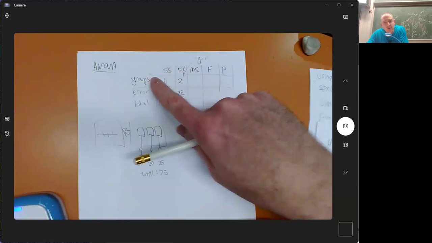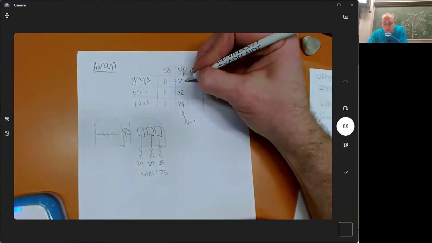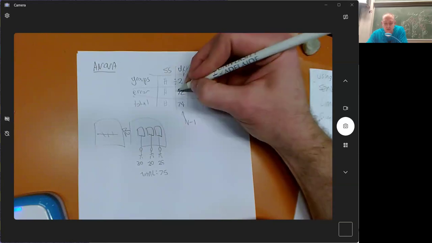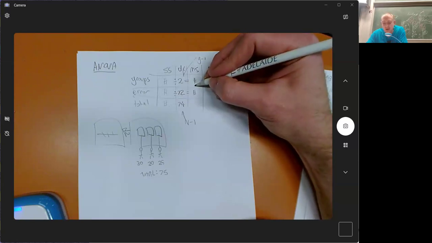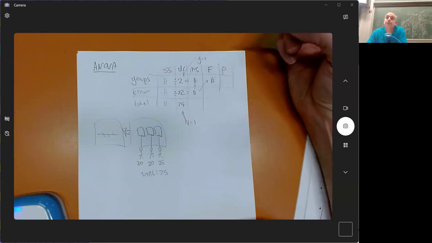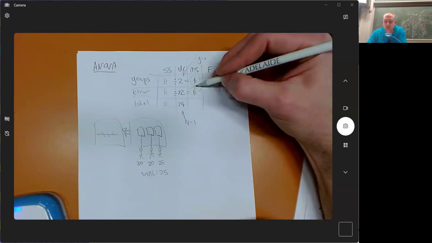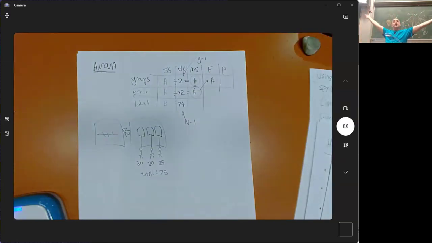This is that divided by that. So if you do this divided by this, then you get this answer here. And this divided by this is this answer here. And then this divided by this is this answer here. So this one divided by this one produces this answer. And that's how the ANOVA is calculated.